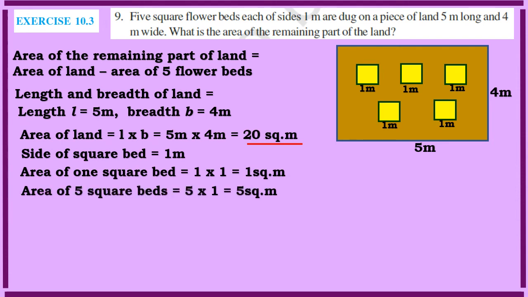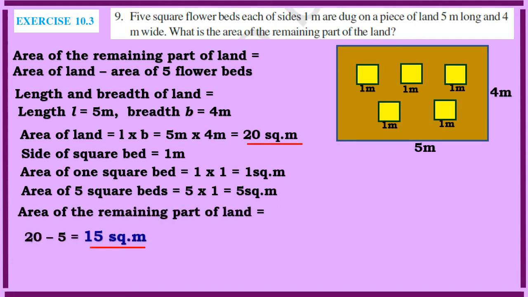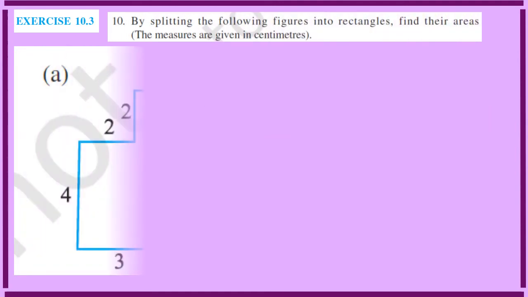So the area of 5 square beds is 5 into 1, 5 square meter. Now what to do? Subtract. Area of the remaining part is 20 minus 5, which is equal to 15 square meter. Very simple and easy question, very interesting question also. Next, question number 10.